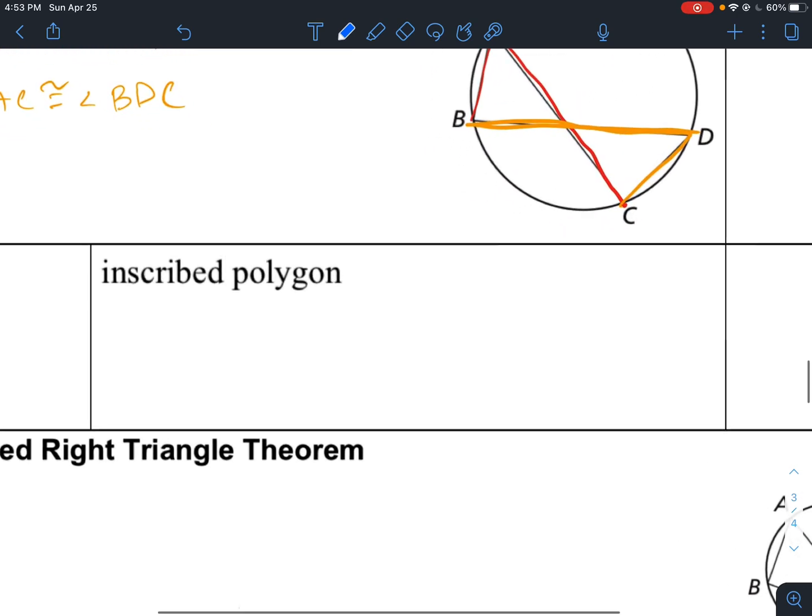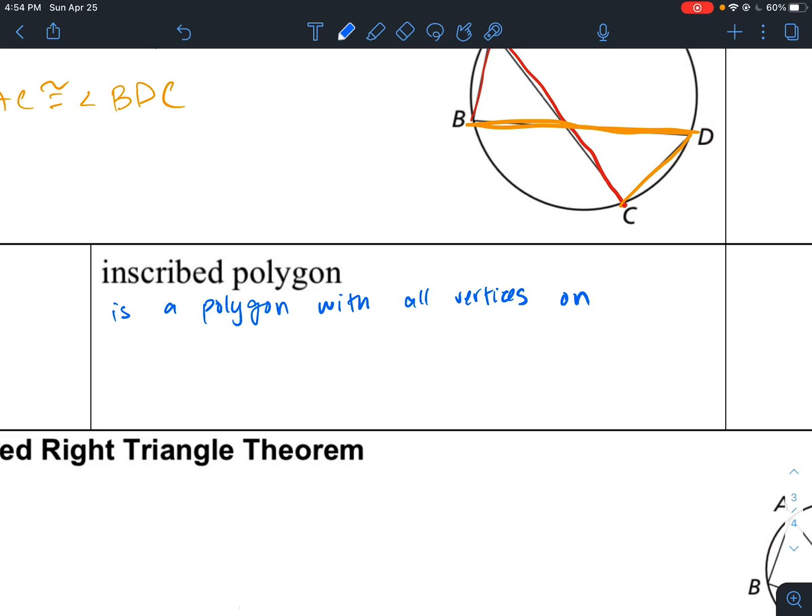So an inscribed polygon is a polygon with all vertices on the circle. So they all have to lie on the circle.